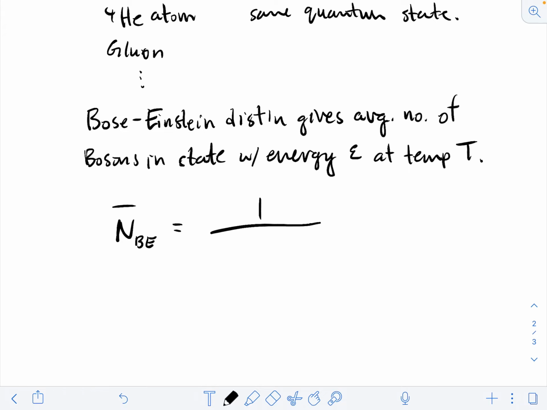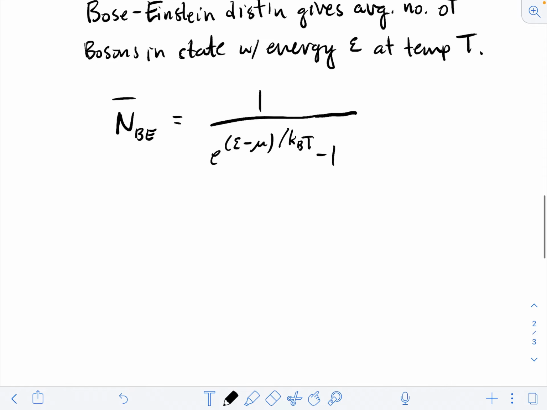This distribution function, again, I'm not going to prove. We hopefully will actually derive it later in the course. But it looks like this. E is the energy of the state, mu is the chemical potential, T is temperature.